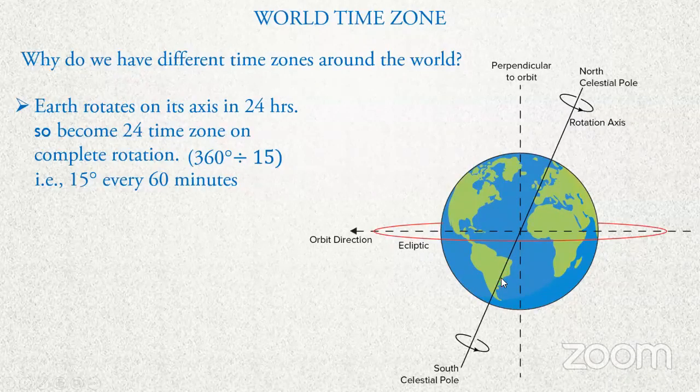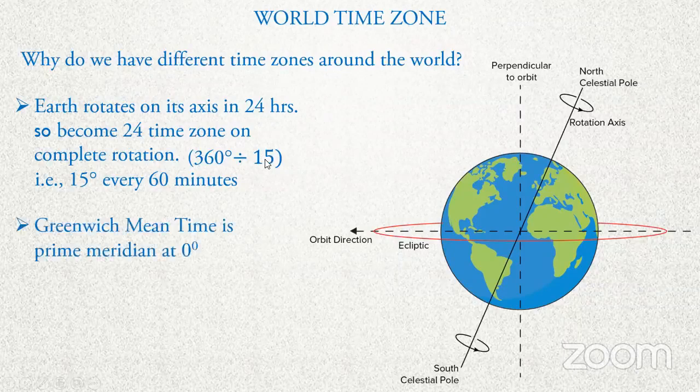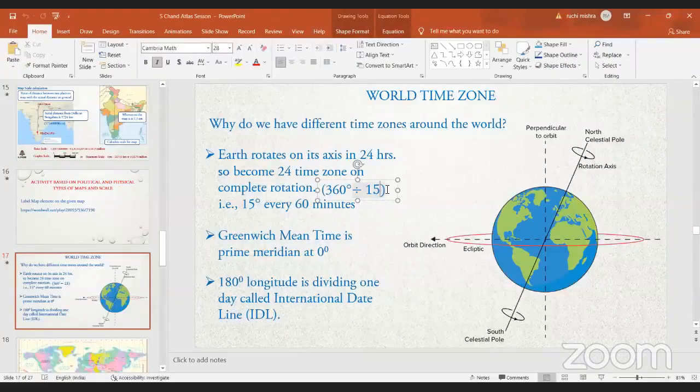The Earth rotates once in 24 hours, and for one complete rotation it covers 360 degrees. Sorry, it is written wrong here, it should be 24 hours, not 20.